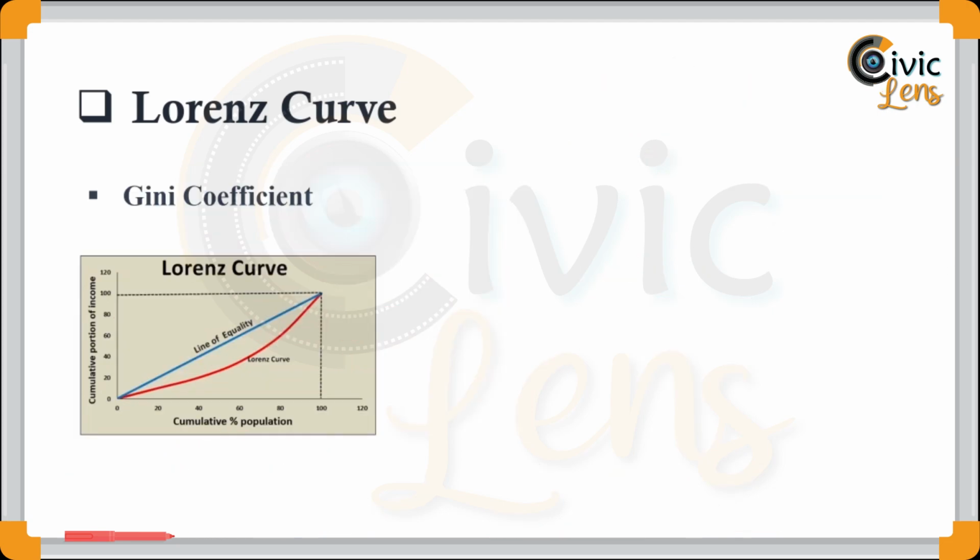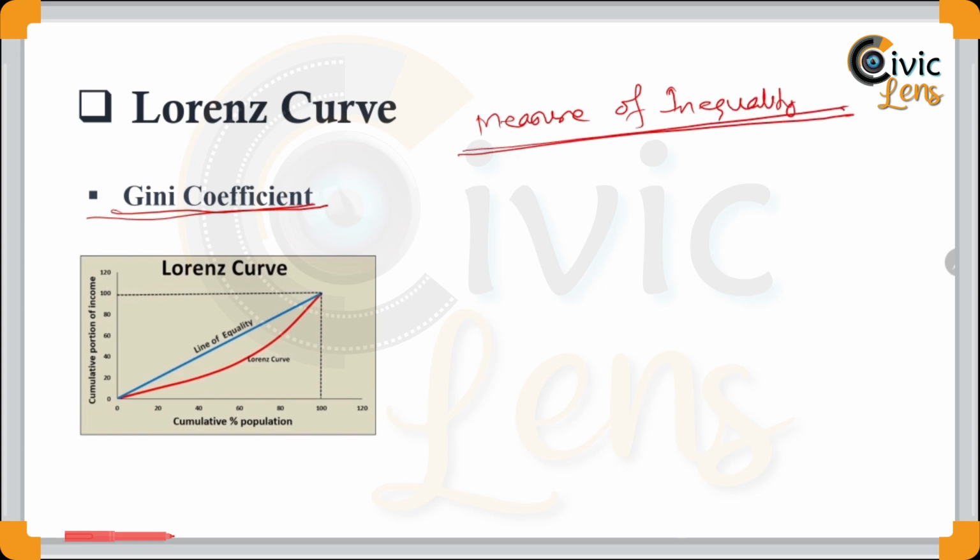Now let's understand a related concept called the Gini coefficient. The Gini coefficient is also a measure of inequality, and it is calculated on the basis of the Lorenz curve. How do we calculate it?